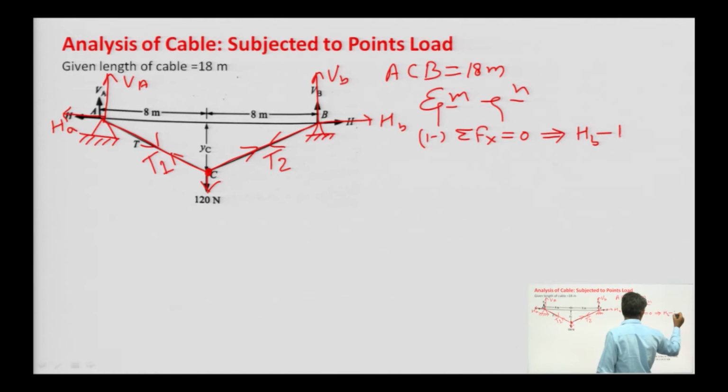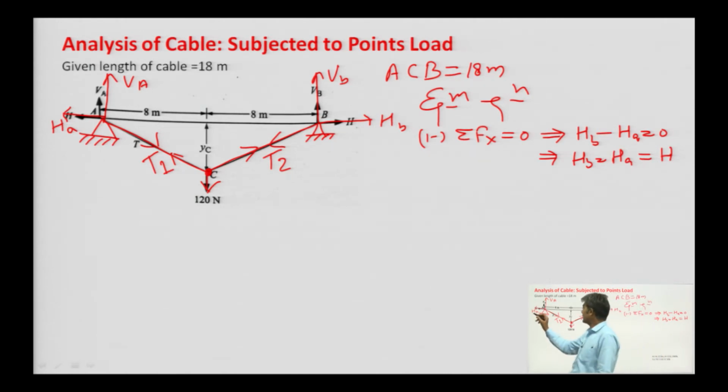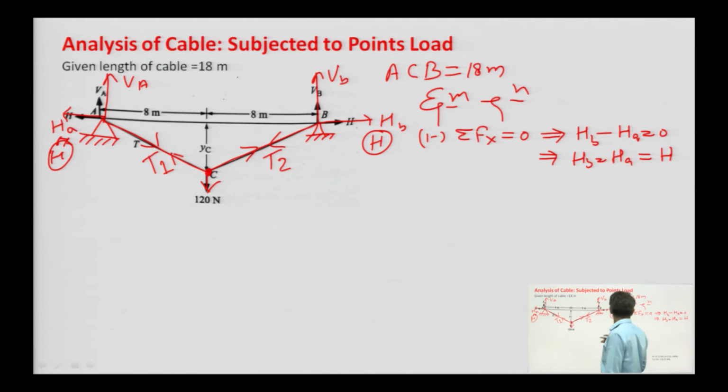So, HB minus HA is equal to 0, which gives HB equal to HA. Say this is the value of H, so you can write it simply as H. H can be written here because there is no other horizontal force acting in this structure, which is why both horizontal reactions are equal.